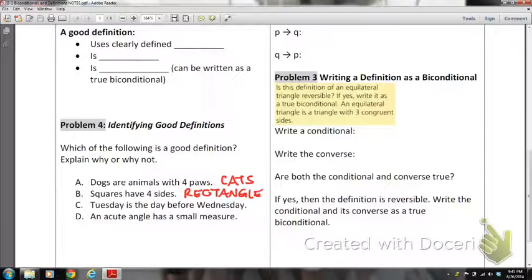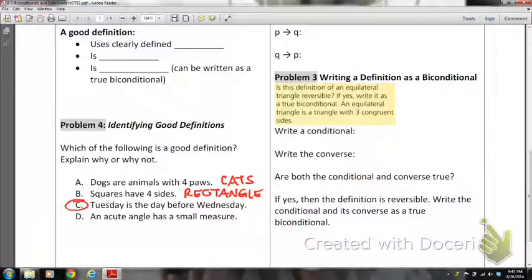That one is a good definition, because there is no other day of the week before Wednesday. So that one is the best definition and a good definition, because you can't find a counterexample of anything that is the day before Wednesday.